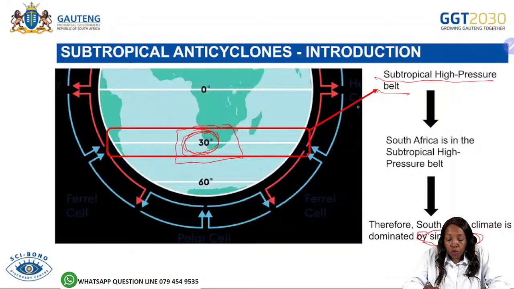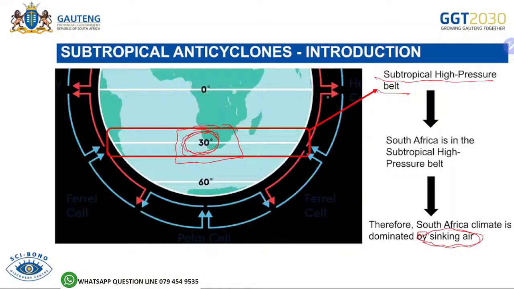So going into this diagram, which shows the tricellular circulation that I have indicated. Within the 0-degree latitudes, the equatorial latitude there, we have surface air convergence. So these arrows here are showing you the air that converges from the northern hemisphere and from the southern hemisphere. The convergence of air results in the rising of air.